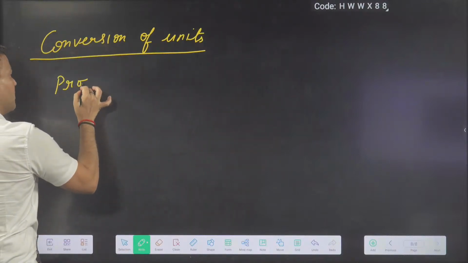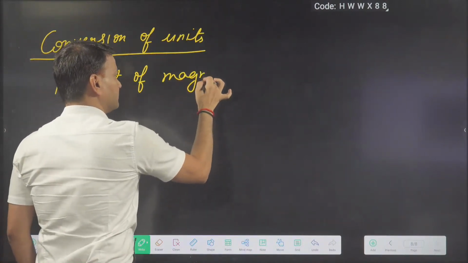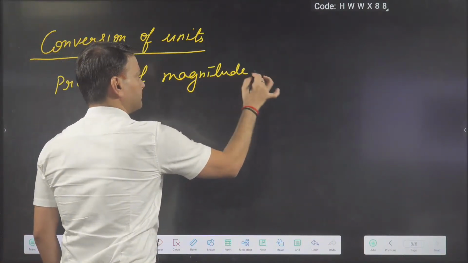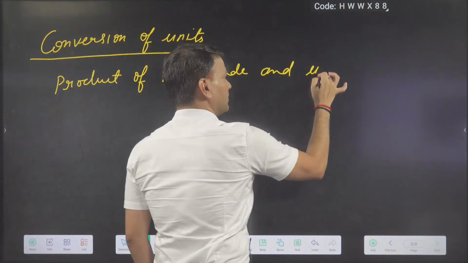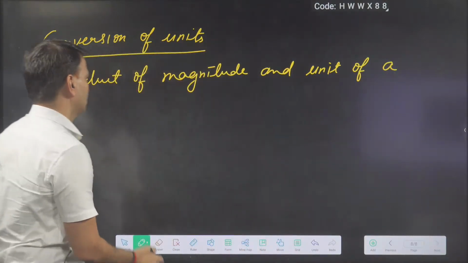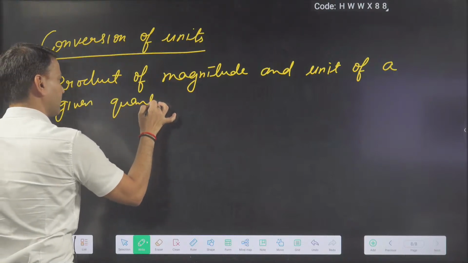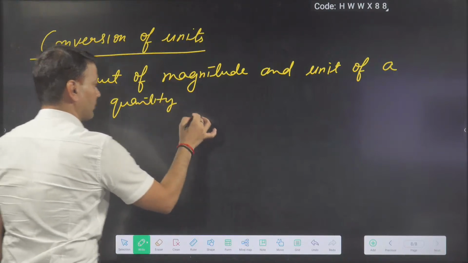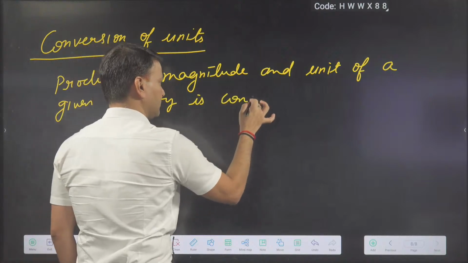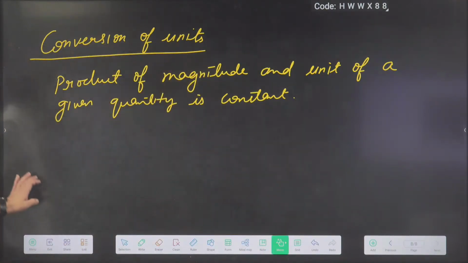Product of magnitude and unit of a given quantity is constant.